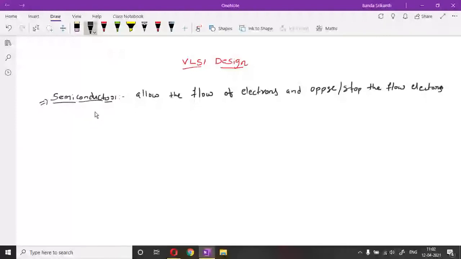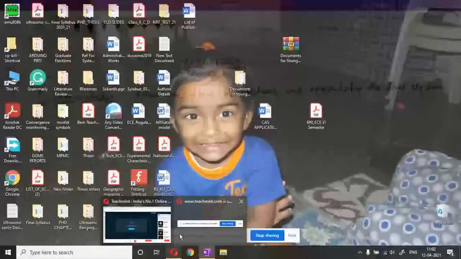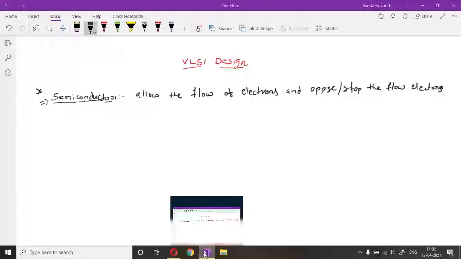So this is the very good property of semiconductor. Means if you want to make it as a conductor, you can make it, or if you want to make it as an insulator, you can also make it as an insulator. So that is why this semiconductor is a very important material in the electronics devices.